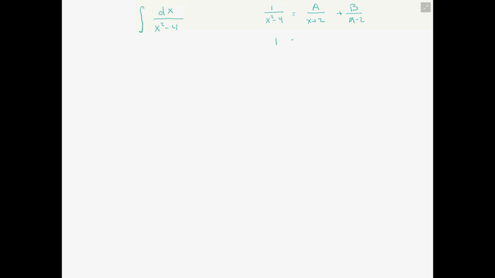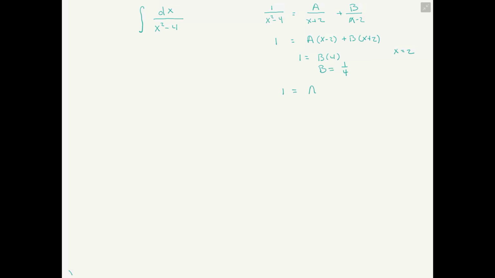So we have 1 on x squared minus 4 equals a on x plus 2 plus b on x minus 2. We have 1 equals a times x minus 2 plus b times x plus 2.